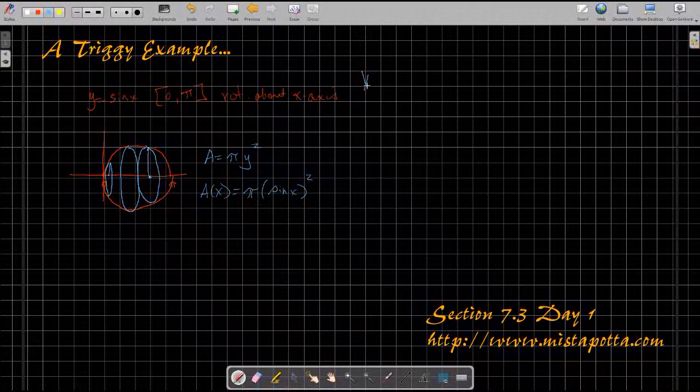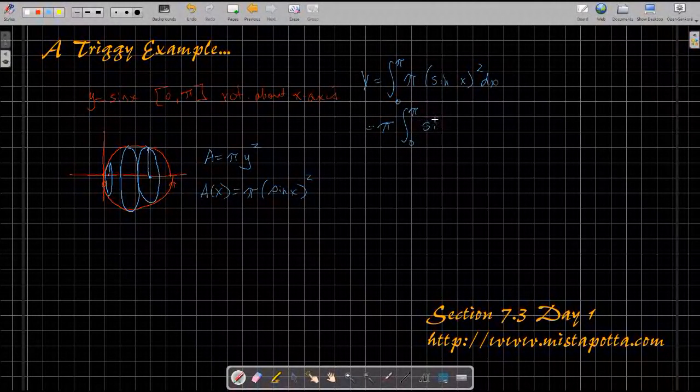So my volume is the integral of pi times sine of x squared dx, evaluated from 0 to pi. And I end up with this sine squared that I'm going to have to deal with. It's difficult to deal with that unless I'm actually using those half-angle identities.